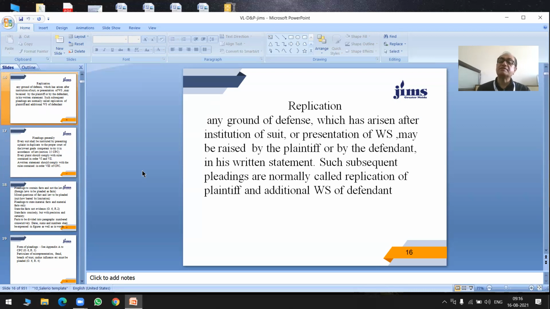These subsequent pleadings are normally called the replication of the plaintiff and the additional WS of the defendant. My dear students, please note, legally, replication is not part of pleading. Replication may work as a clarification of certain points which are already taken up in the plaint, but they are not part of pleadings.